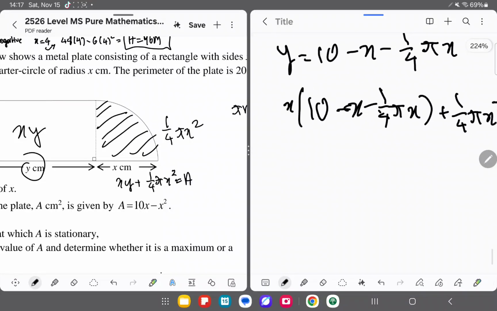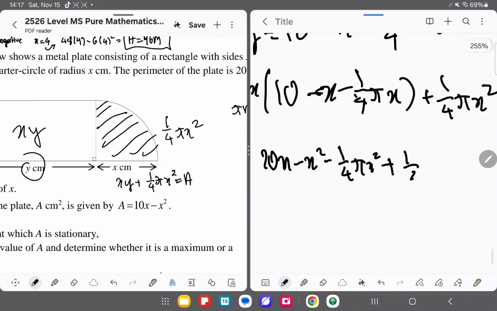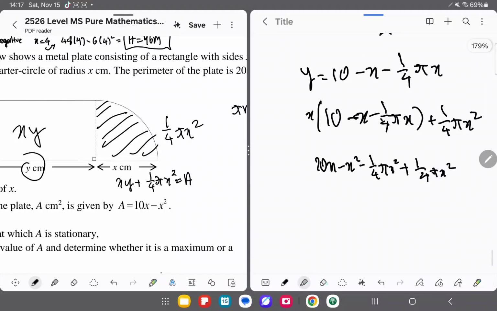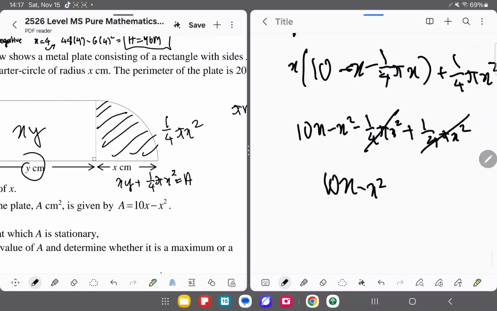Okay, so now I will just expand the x. I get 10x minus x squared minus 1 over 4 pi x squared plus 1 over 4 pi x squared. Oh, I put 20 here. I was supposed to put 10. And then these two cancel. You just get 10x minus x squared as the area.